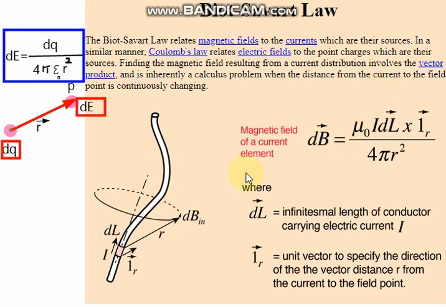In simple words, the Biot-Savart law is applied to determine the contribution of any current element at any points in the region surrounding this current distribution.